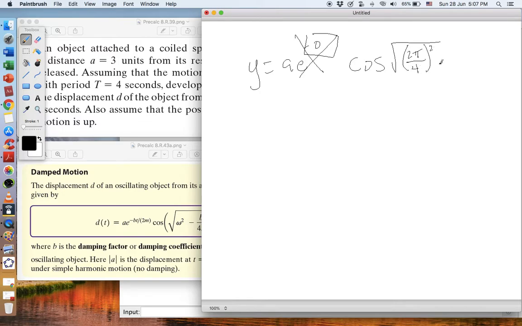This is squared, and we're going to subtract from that. Well, remember b is 0, so never mind that. And then we've got x on the back end there. So y is equal to, we can say, negative 3, if we're going to pull the spring down, negative 3 cosine, and then we've got a square root and a square. 2 pi over 4 is the same as pi over 2, pi x over 2.